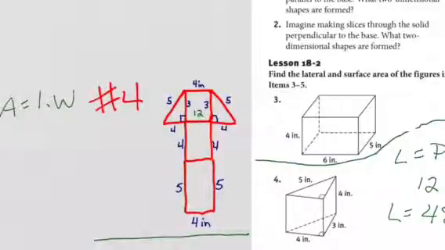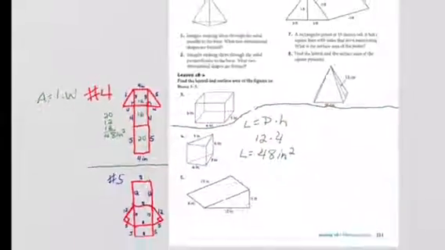The next one is 4 by 4, which is 16. And the last one is 5 by 4, which is 20. So when we take 20 plus 12 plus 16, we get 48 inches squared, just as we got by doing the perimeter of the base times the height.